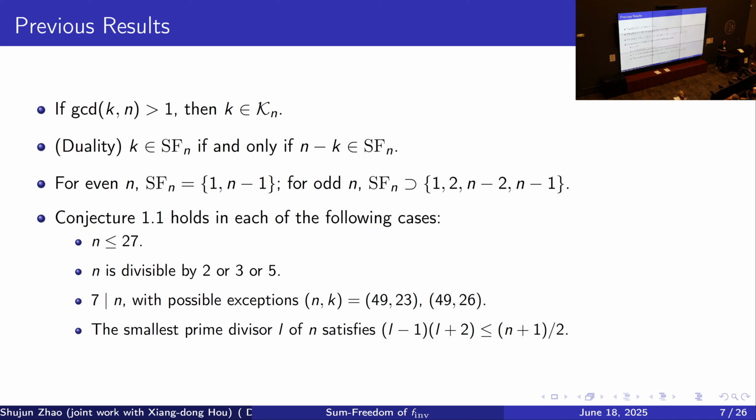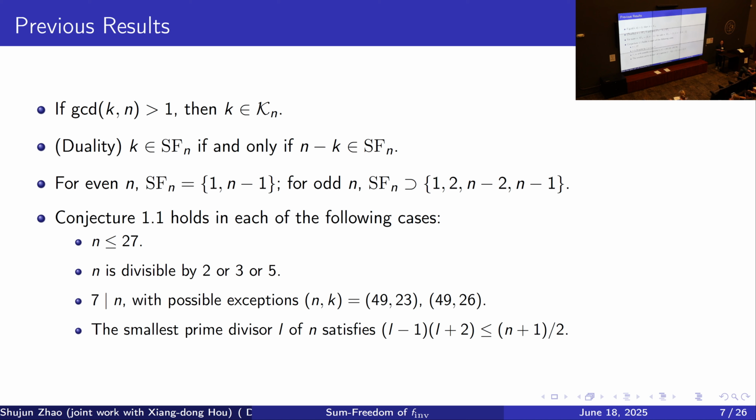Also we have duality for sum-freedom: when k is in K_n, then n minus k is in K_n, and when k is in Sf_n, n minus k is also in Sf_n. Also for even n, the conjecture is done: Sf_n is exactly 1 and n minus 1. But for odd n, we don't know yet, but we know that 1, 2, and n minus 2, n minus 1 are in Sf_n.